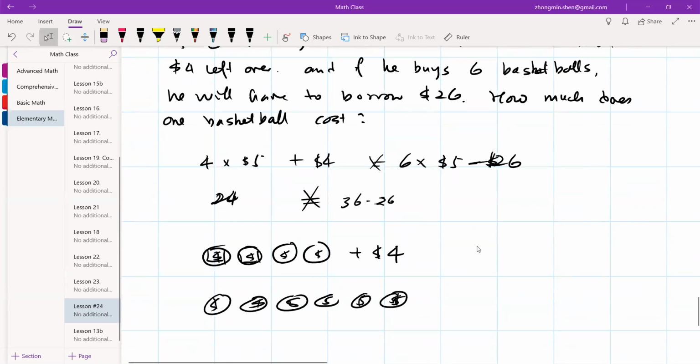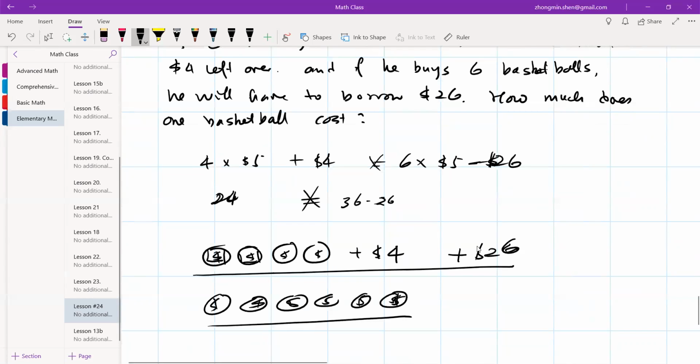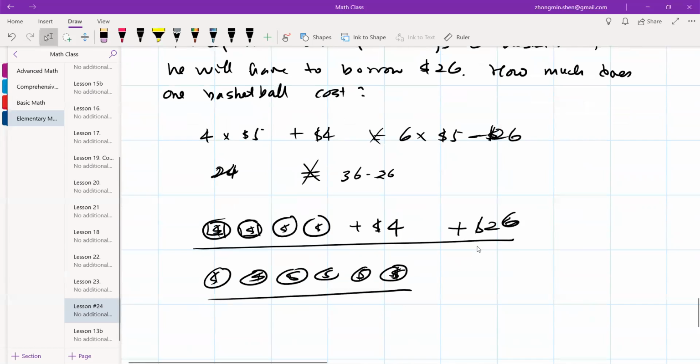So in other words, you have to add $26 here, then the money he has here is equivalent to the money he has here, right? You do the comparison. You draw the picture. First of all, we assume that John has money equivalent to 4 basketballs plus $4. Then if he adds $26, he can afford to buy 6 basketballs.